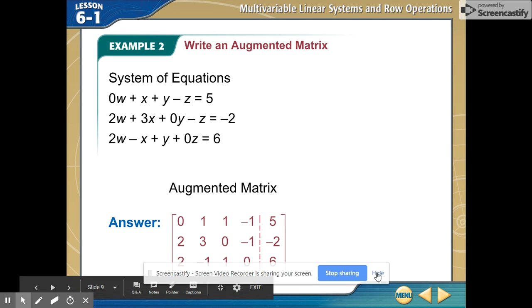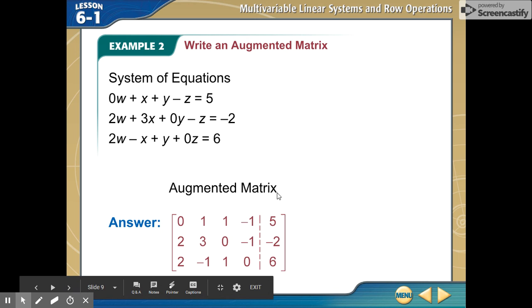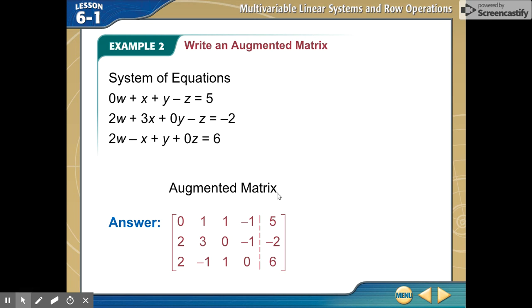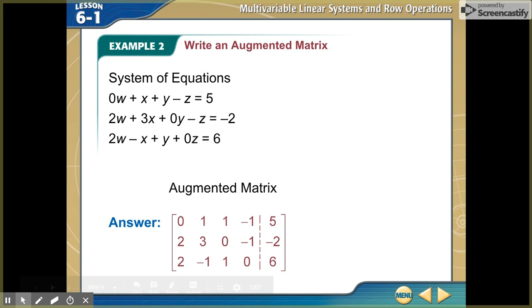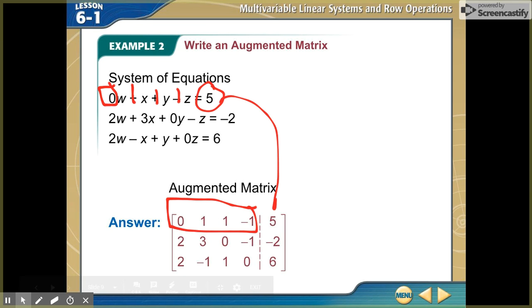So let me move that out of the way. Our value, when we add those in, is the 0, 1, 1, negative 1, exactly this down here. And then that solution expression goes there. And this is an augmented matrix where we have the solutions and our expressions together.